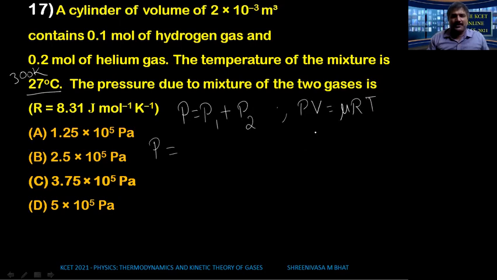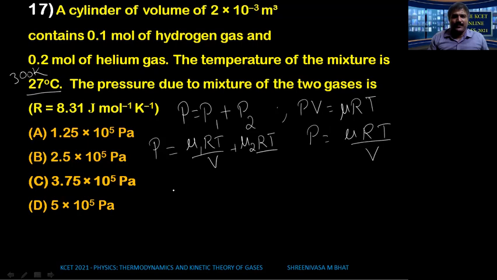So P equals PV equals mu RT, and we want the pressure due to the individual gases. So P equals mu RT upon V. The volume V is the same for both the gases because both are in the same container. So it is mu1 RT upon V plus mu2 RT upon V. R is the same for both gases, temperature also the same, volume also the same.